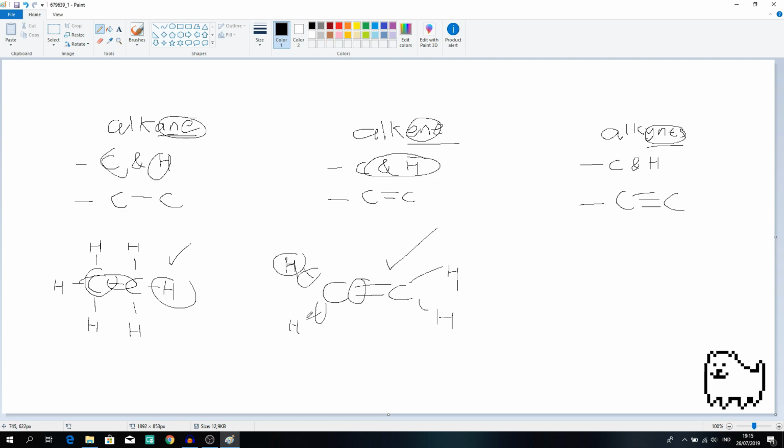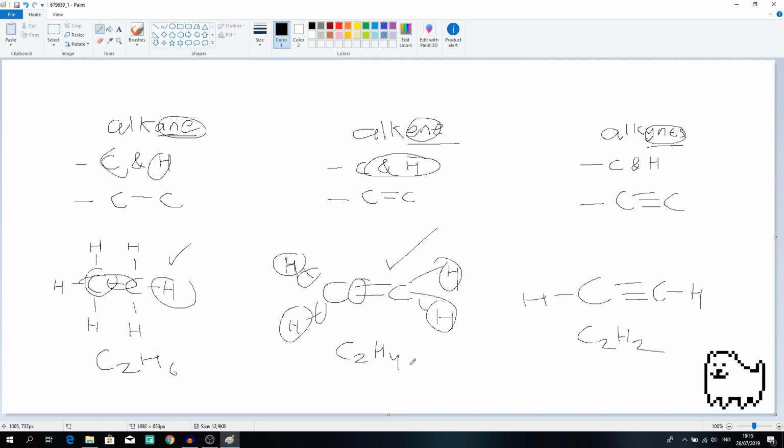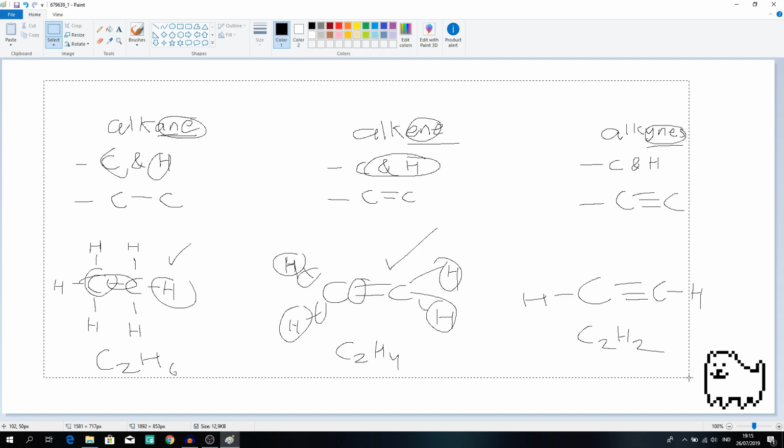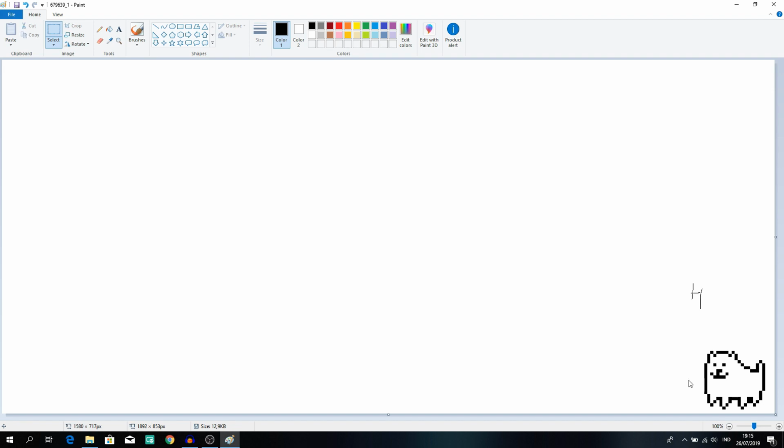So you only have 2 hydrogens on each side, which gives it C2H4. Well, this is C2H6, and this one, the alkyne, will only leave 1 more space, and we get C2H2. Okay. Hope you got all that down.